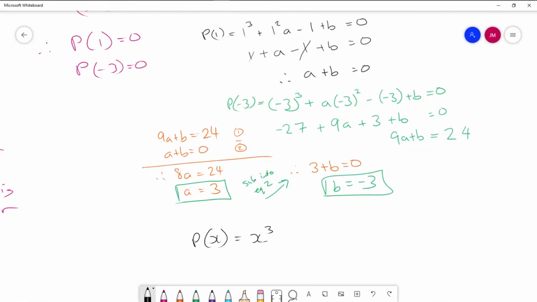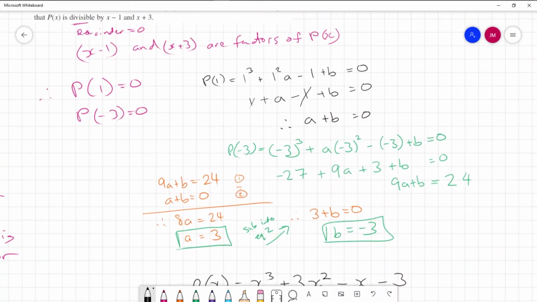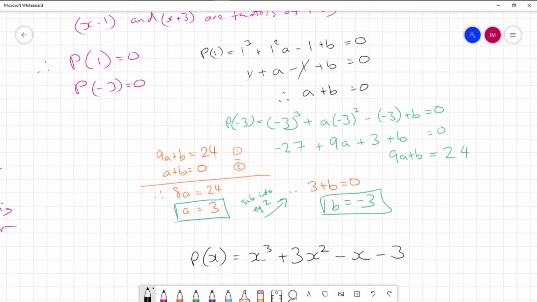So x cubed plus 3x squared. It was minus x and then plus b, so that's minus 3 at the end there. And that factorizes down. I've got x minus 1 and x plus 3 are factors.